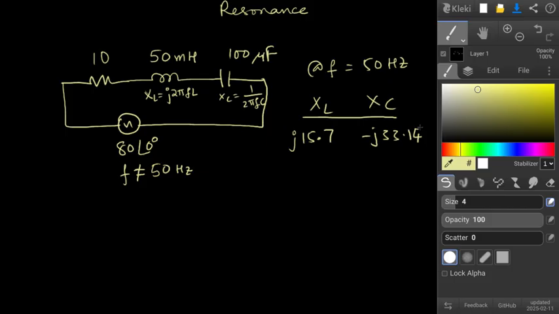Okay. Now, what happens if I double the frequency? So instead of frequency being 50, if I make frequency 100, what happens? So this inductance will increase, it will become double, and the capacitance will become half. So let me just verify that.